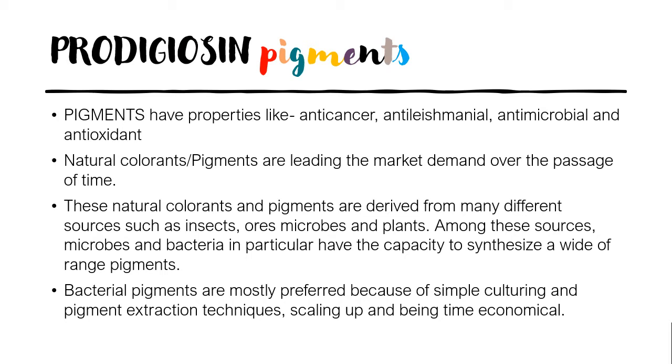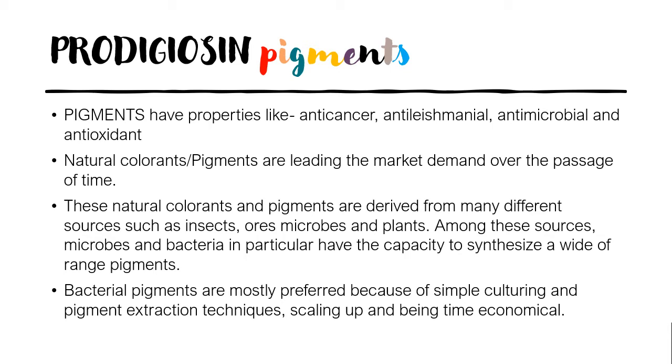Okay, so prodigiosin as a pigment. The pigment we are going to study is prodigiosin, and in general pigments are known to have properties like anti-cancer, anti-leishmania, antimicrobial, antioxidant. These natural pigments are leading the market demand over the passage of time, and natural colorants and pigments are derived from many different sources such as insects, microbes and plants.